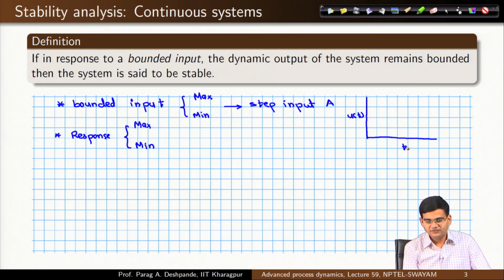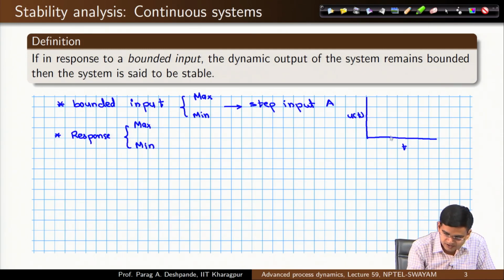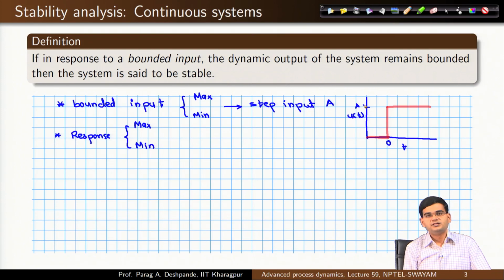The function is defined such that you have the value 0 and a value a at t equal to 0, which is sustained there. So, this is 0, this is a. What is the input?